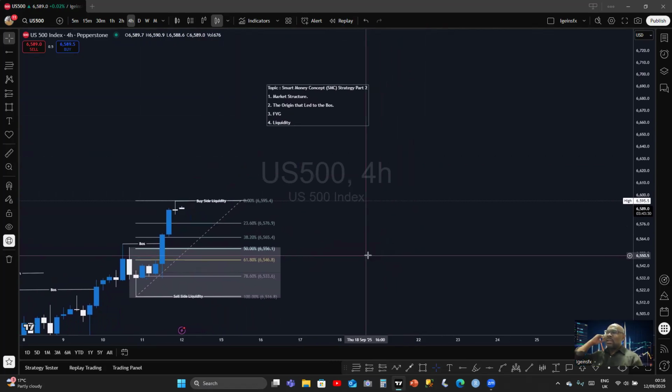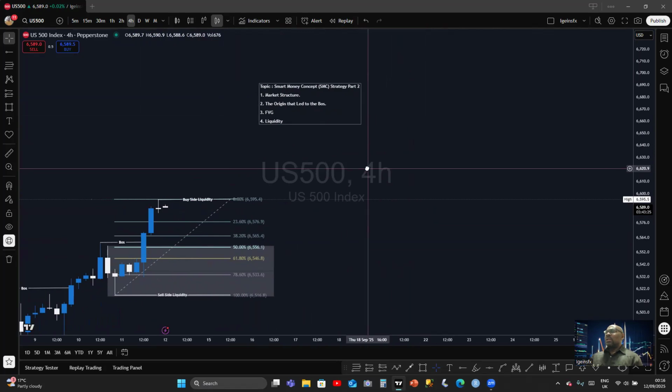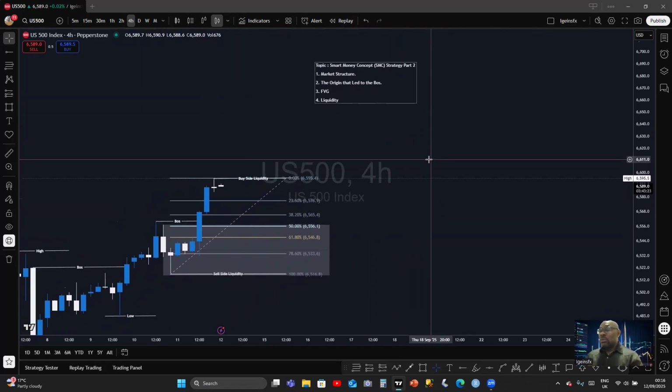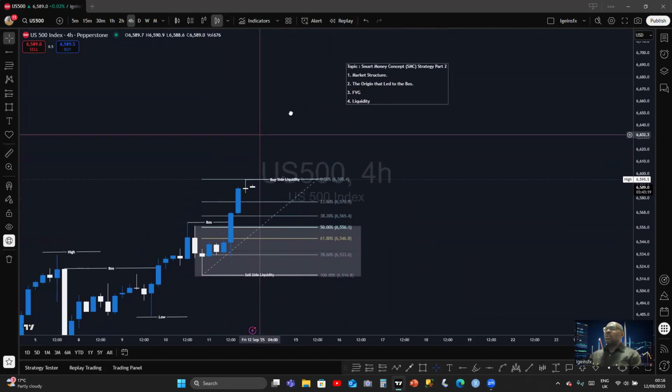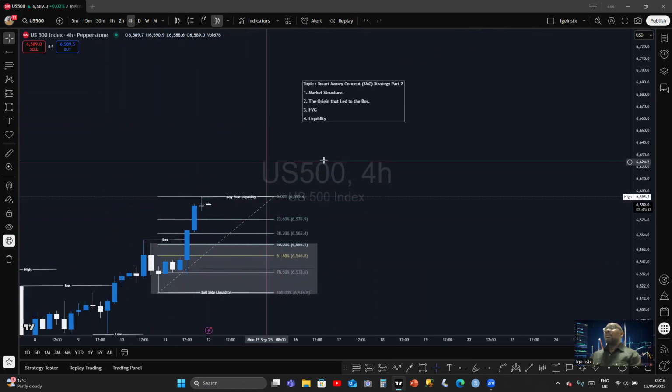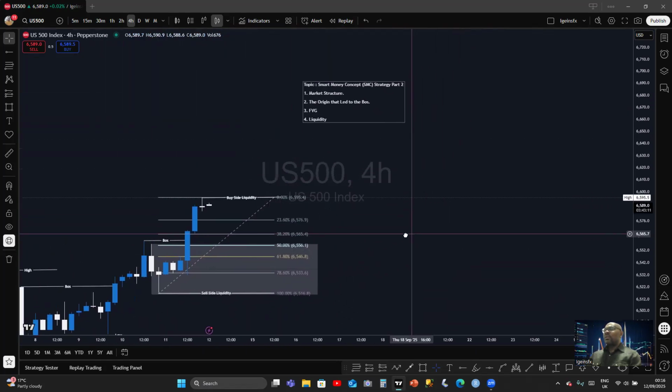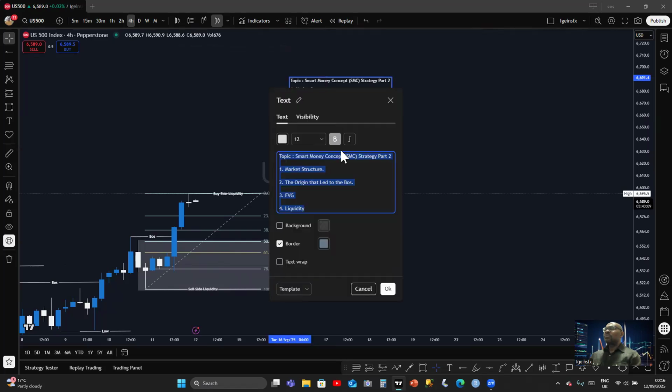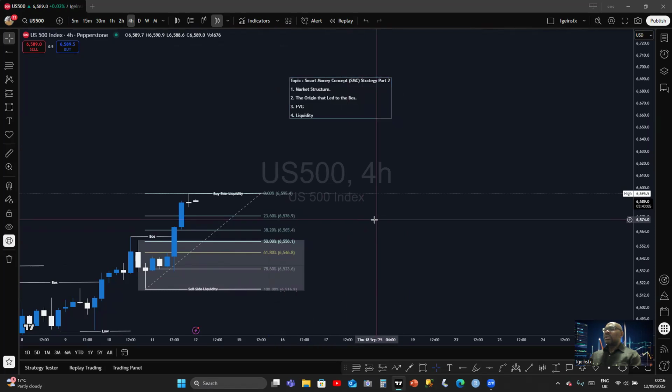As simple as that. So now, as a smart money concept trader, what we need to do next is, okay, we now know that since it's been breaking structure to the upside, it's a bullish trend. All right? It's a bullish trend.